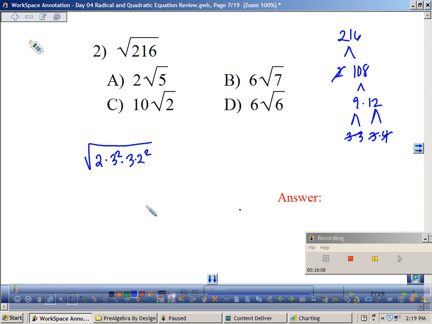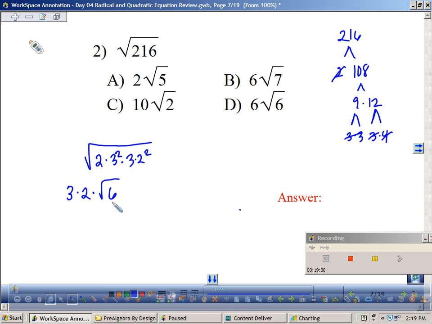All right, everybody with me so far? Yes? So, if I break these numbers down, who gets kicked out? 3 gets kicked out, 2 gets kicked out. What's left over? 3 and 2, which is 6.